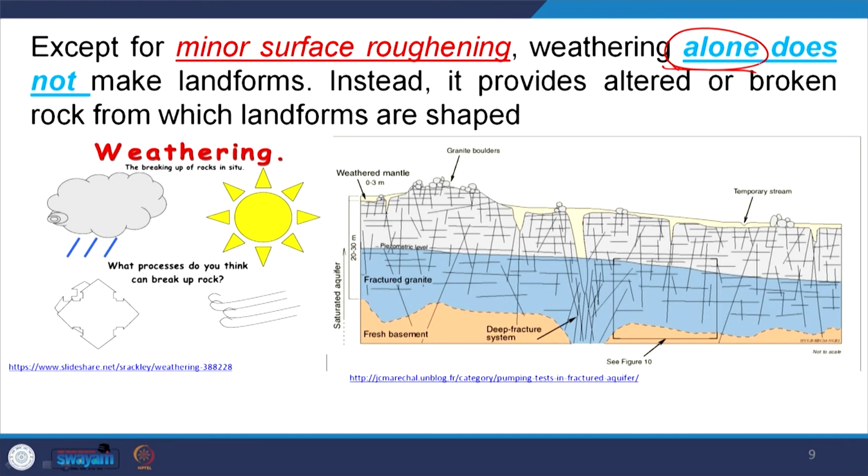Weathering itself is not able to do it. If I discuss the difference between weathering and erosion, weathering is only disintegration or decomposition, and it is in situ. That means the product remains at the same place.